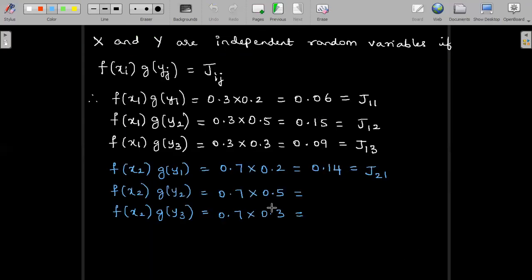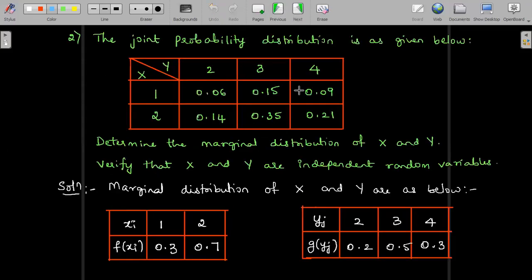Similarly, 0.7 into 0.5 is 0.35, and this is equal to j22 from the joint table. Similarly, 0.7 into 0.3 is 0.21, and this is equal to j23, second row, third column. We can observe that 0.35 and 0.21 respectively.